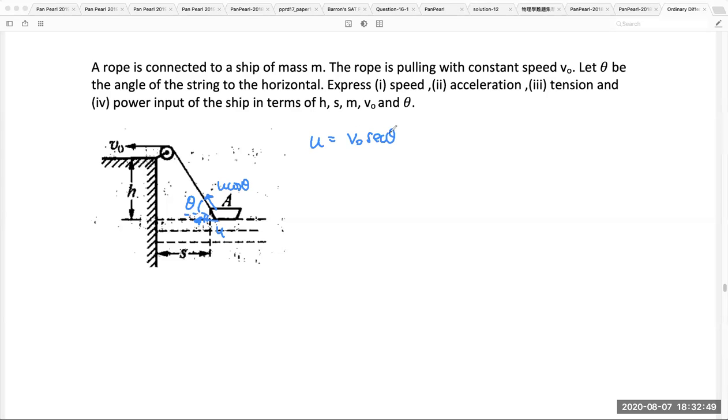And then can you find the acceleration in this case? Try to do it by yourself.